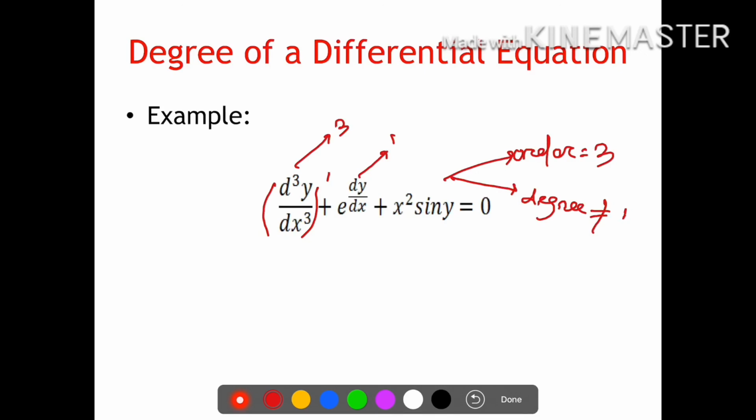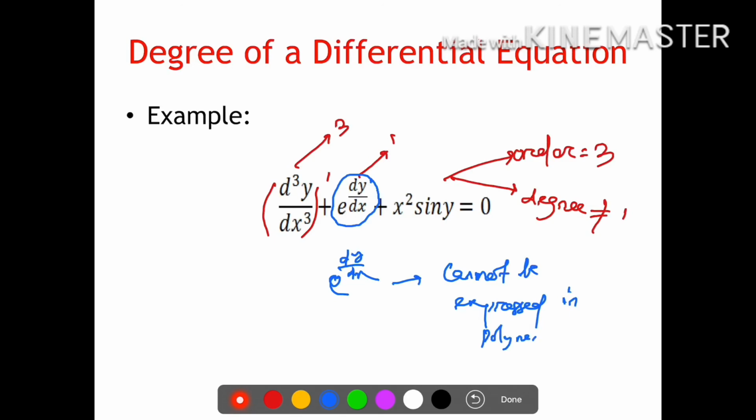Why? Because here we have e to the power dy/dx, which is again a transcendental function and cannot be expressed in polynomial form. As you know, the differential equation should be expressed as a polynomial equation in derivatives, then only can you find its degree. Hence, the degree of this equation is undefined.